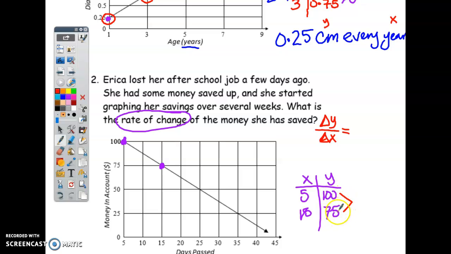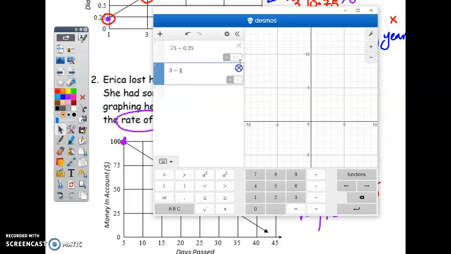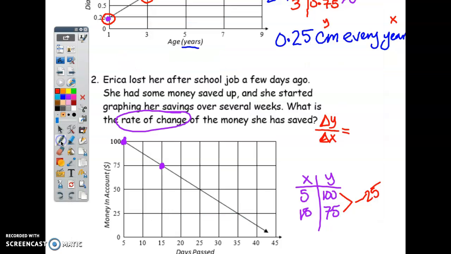From 100 to 75, it went down, so it's negative 25. And you can figure it out in decimals by subtracting 75 minus 100. That'll give you your negative 25, so you don't forget the symbol.